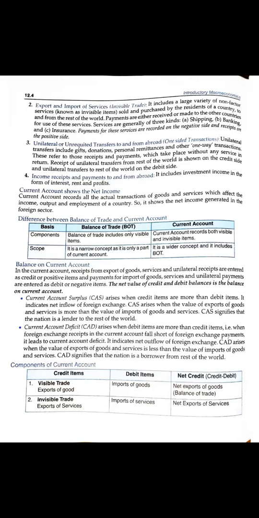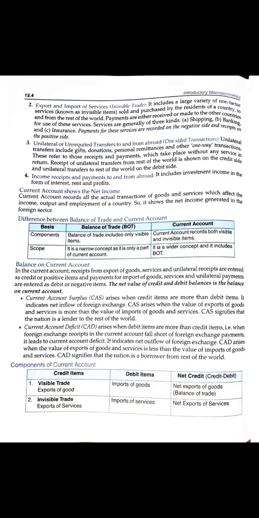So the next one is that the current account shows the net income. The current account records all the actual transactions of goods and services which affect the income, output, and employment of a country. So it shows the net income generated in the foreign sector. What do you mean by net? After deducting depreciation, deduction from expense. Yes, there is some deduction.